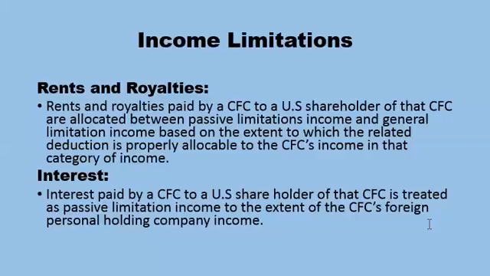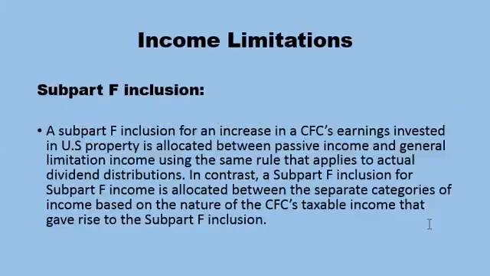Interest. Interest paid by a CFC to a U.S. shareholder of that CFC is treated as passive limitation income to the extent of the CFC's foreign personal holding company income. Subpart F inclusion.